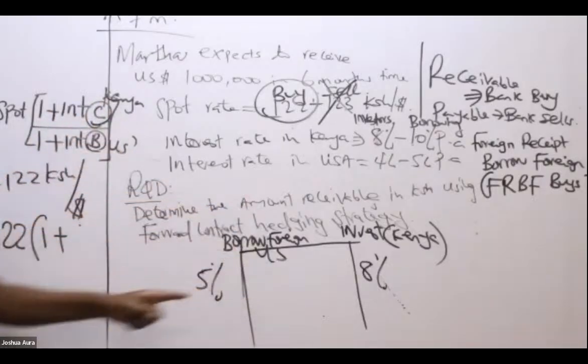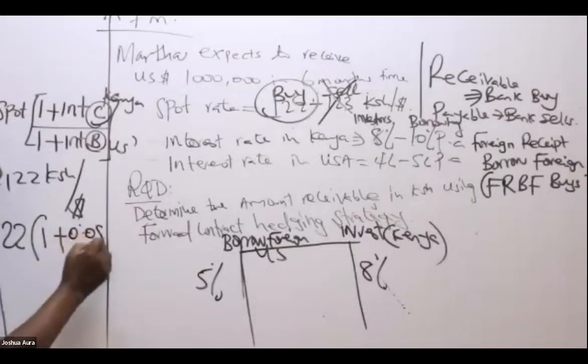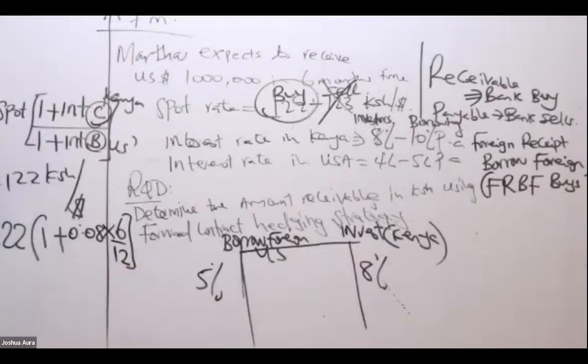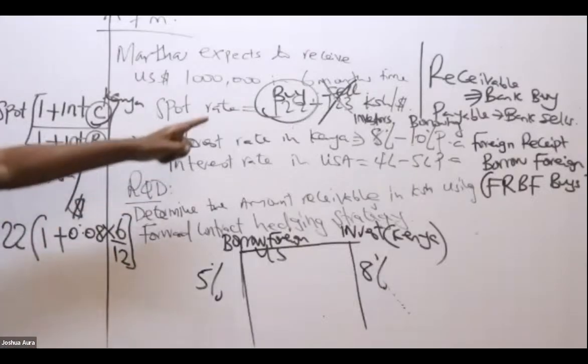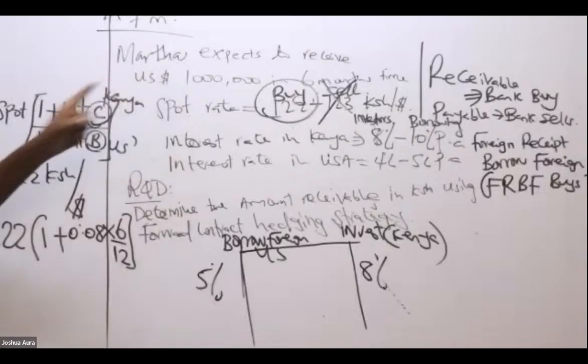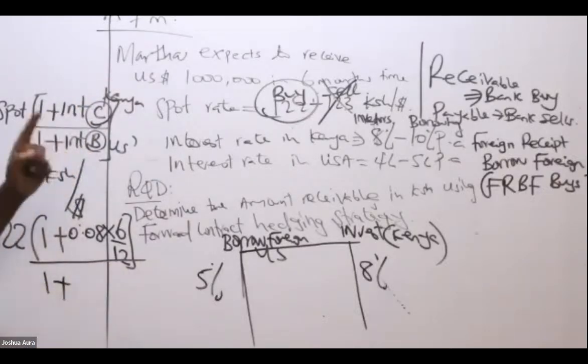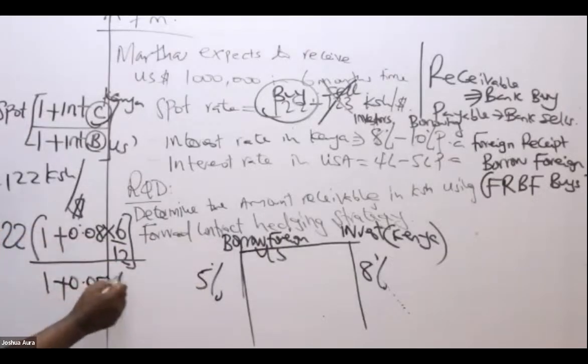Kenya, I'm investing, so here I pick 0.08. I must remember to prorate this. It's 6 months, remember. All over 1 plus interest rate in the US, which is 0.05 times 6/12.